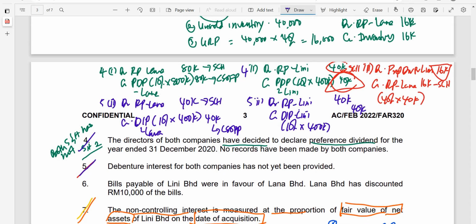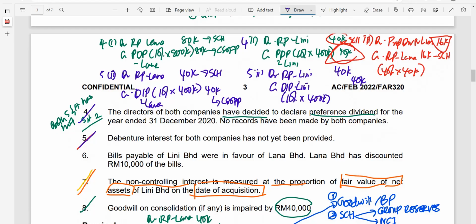Alright, next is to record the share of debenture interest in the subsidiary company. We have already recorded. Now we want to take the one of the parent. So this is 5.3, debit debenture interest receivable from Lini, how much.